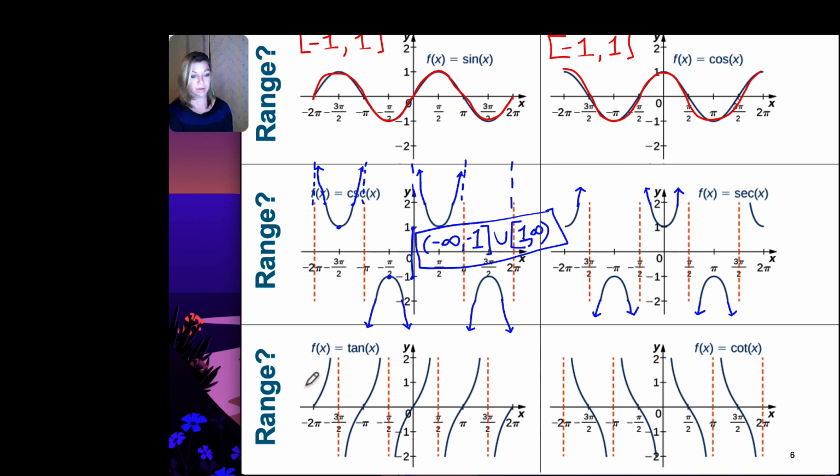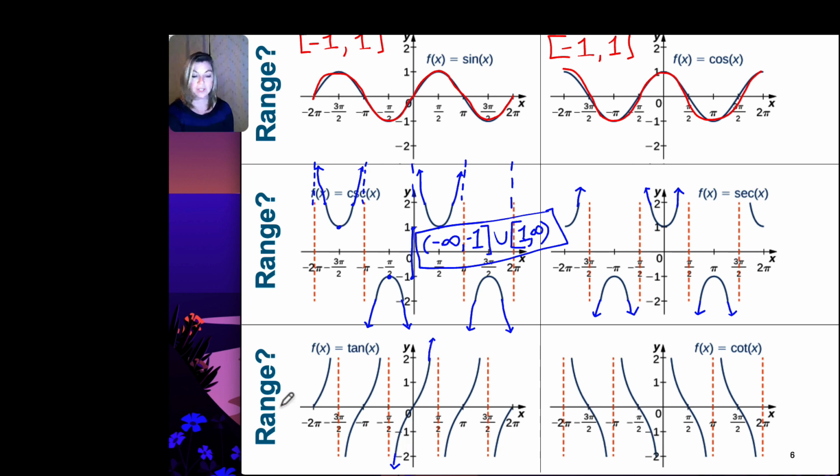Well, the range of tangent is wherever tangent exists along the y-axis. So there is no place on the y-axis where tangent does not exist. It exists way down here to -infinity, and it increases all the way up to +infinity with no holes, no gaps, no discontinuity.